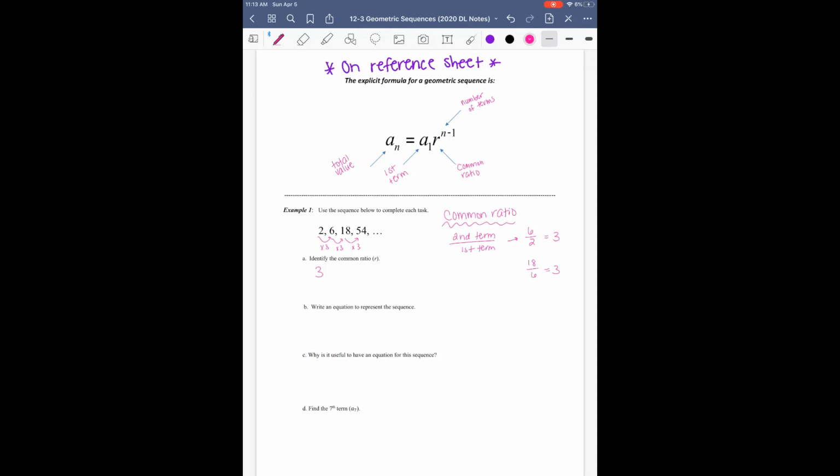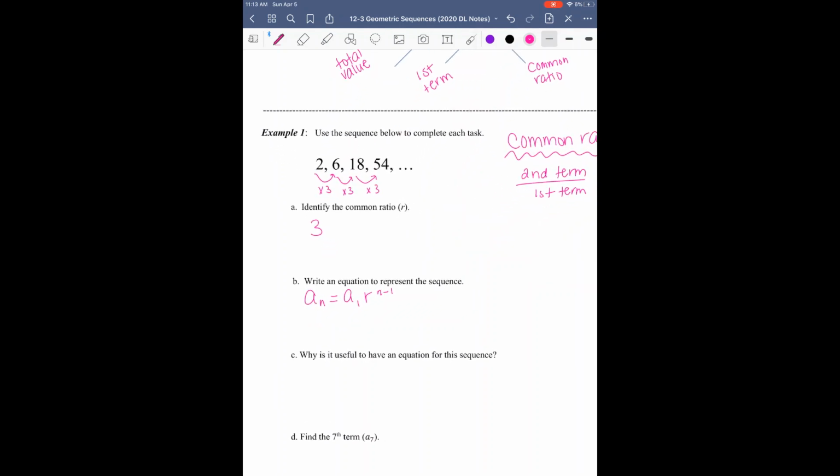Write an equation to represent the sequence. So I'm going to go back to my explicit formula to help me do that. So I have a sub n is equal to a sub 1 times r to the n minus 1. Okay, I'm going to zoom in a little. I'm going to substitute in the two things that I know.